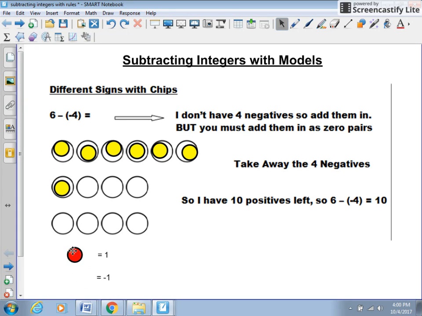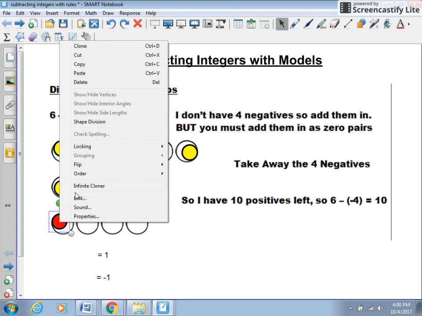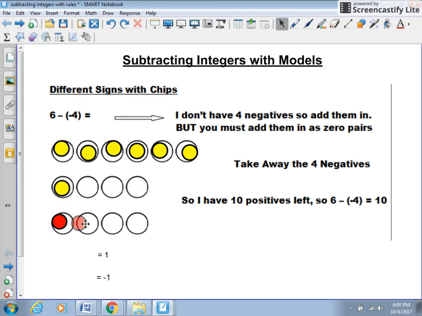So here's a zero pair. Here's a zero pair. Zero pair, zero pair, and zero pair. I haven't actually changed the value of what's here. I still have 6 because all this does is cancel out and equal 0.